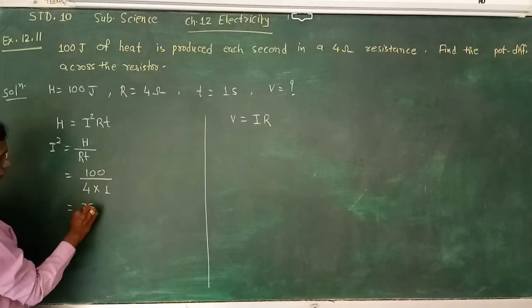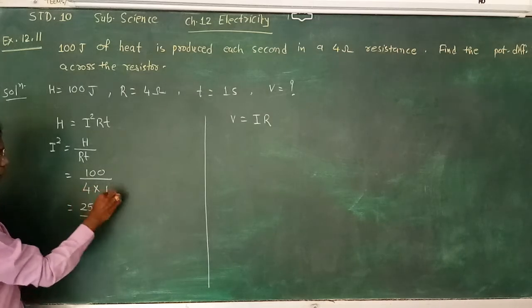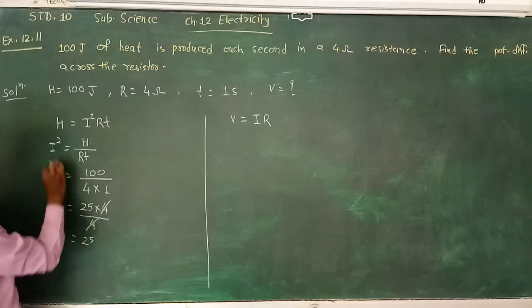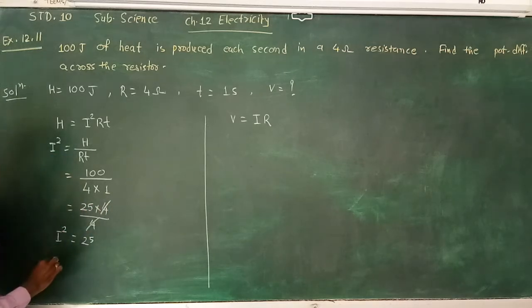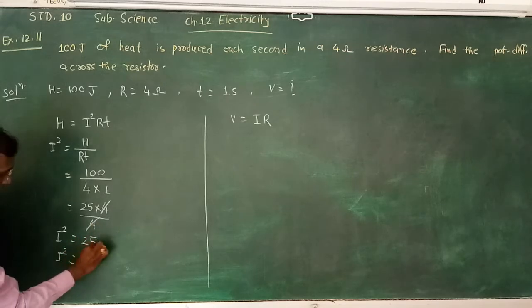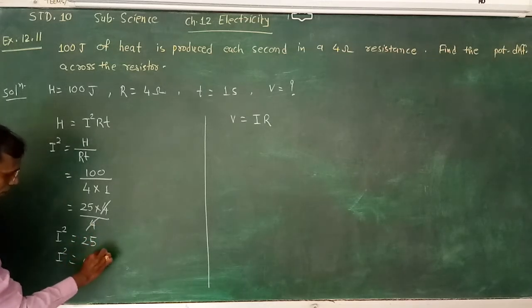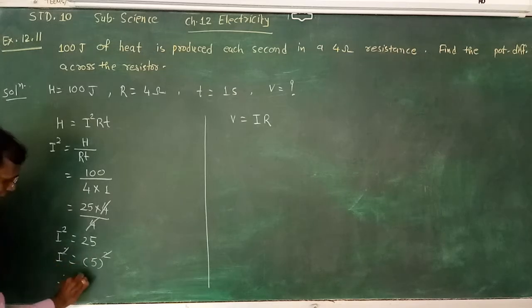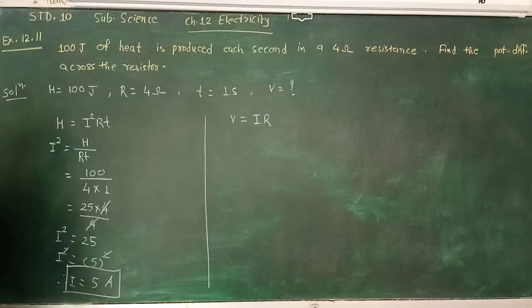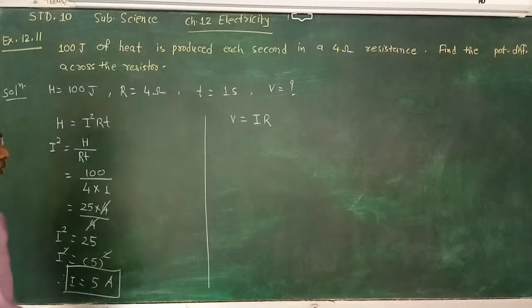Simplify it: 100 divided by 4 is 25. I square equal to 25 means 5 square. The squares cancel, the current I is equal to 5. Current is measured in ampere. I is equal to 5 ampere.